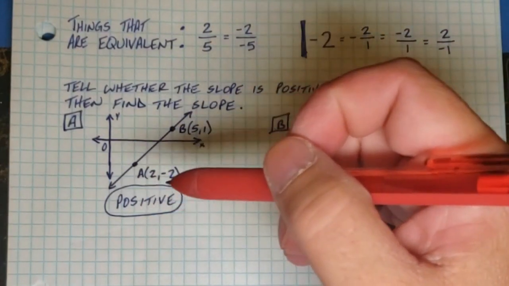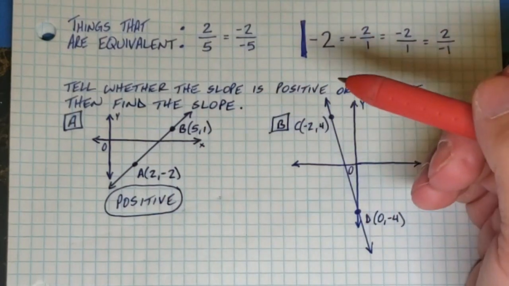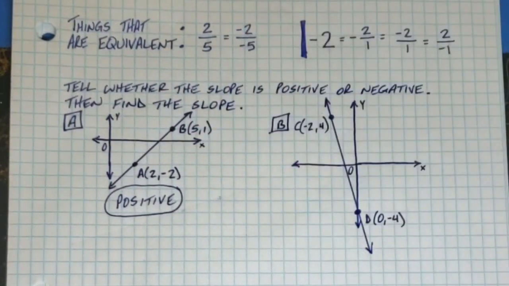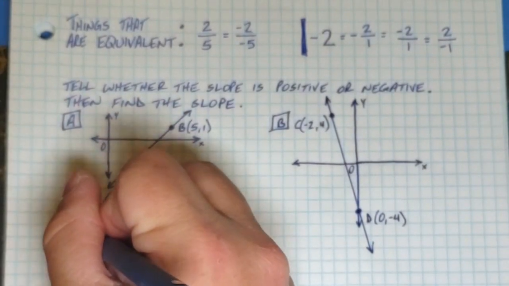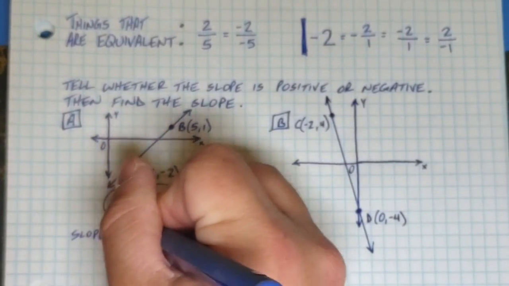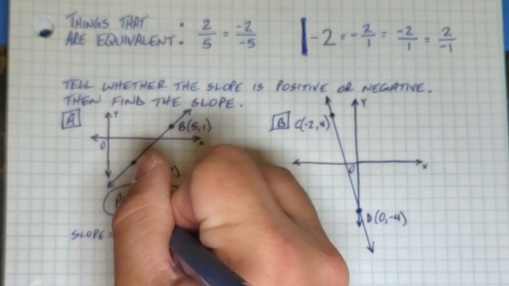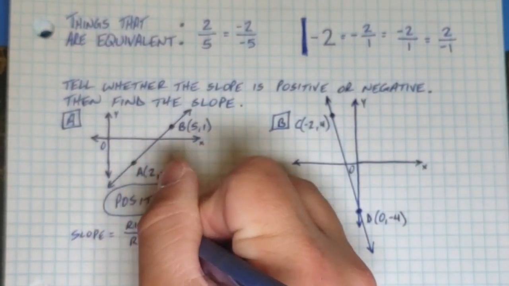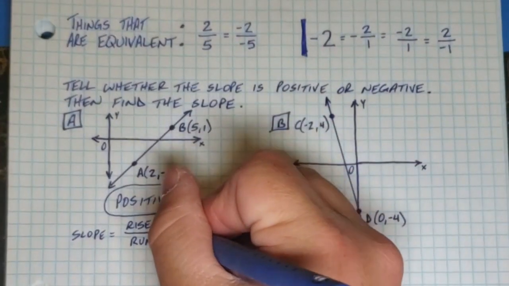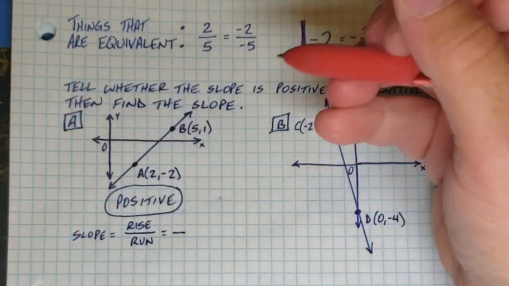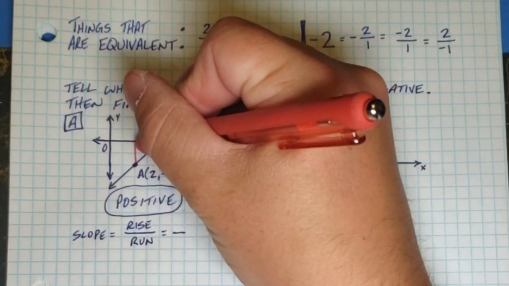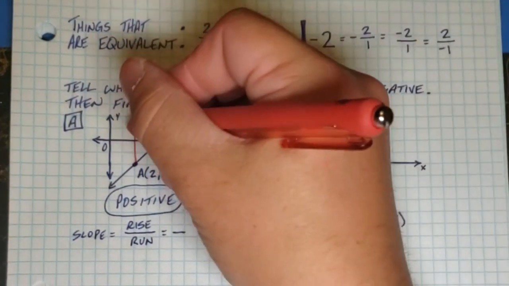Let's go from A to B. To go from A to B, remember with slope, you want the rise, the up and down first, over the run, which is the left to right. So if I'm going from A to B, first I would move up 3 spaces.